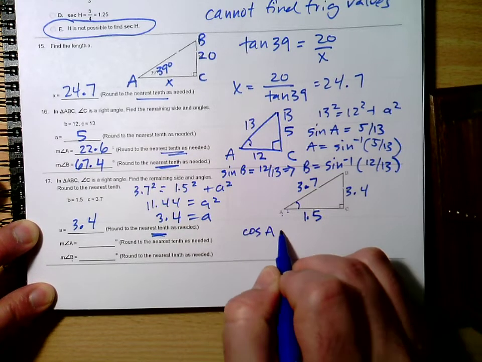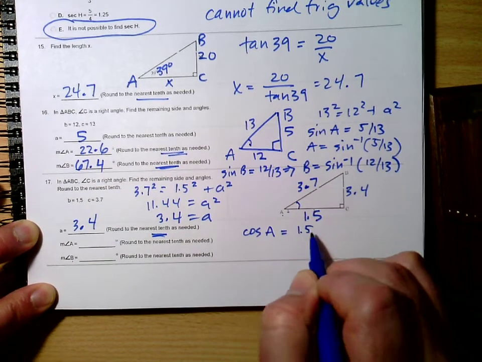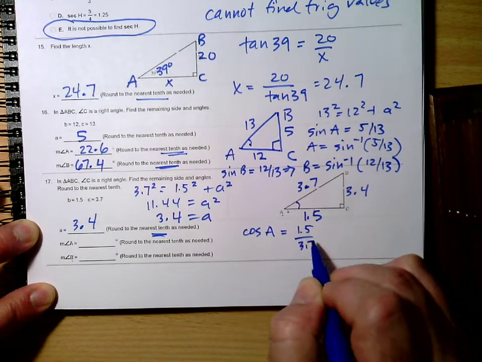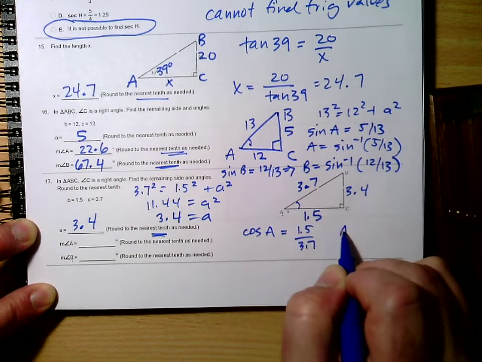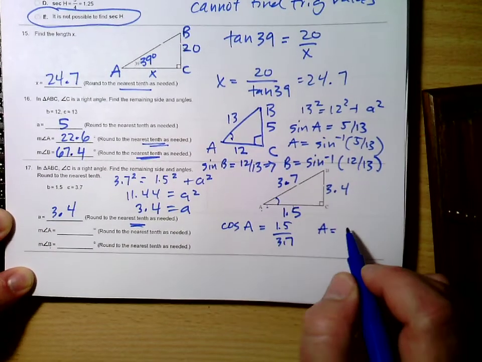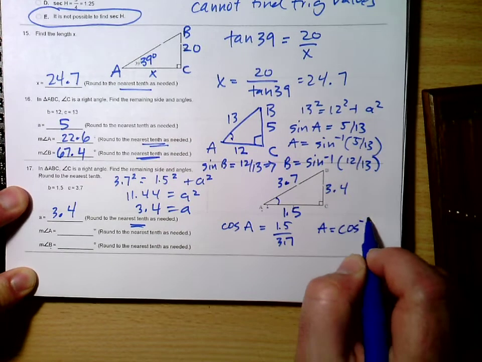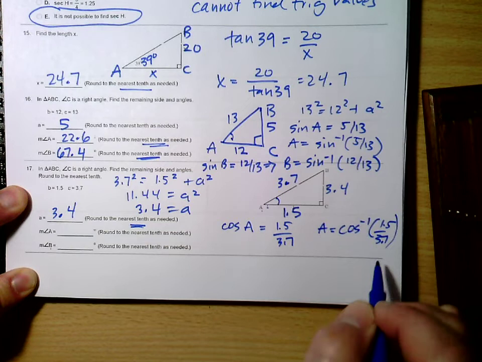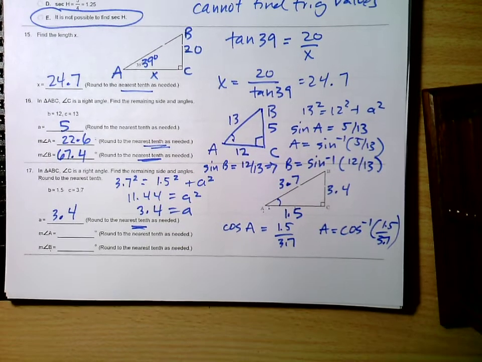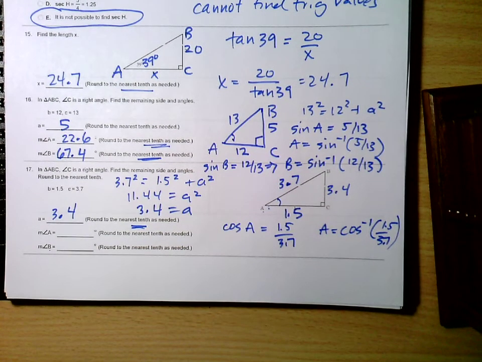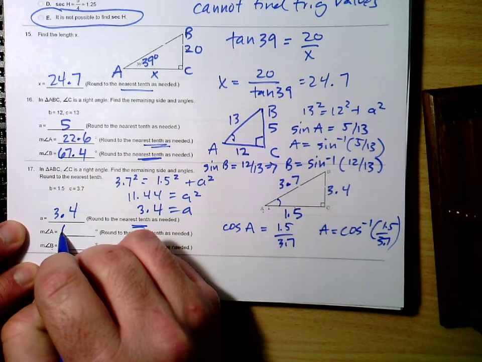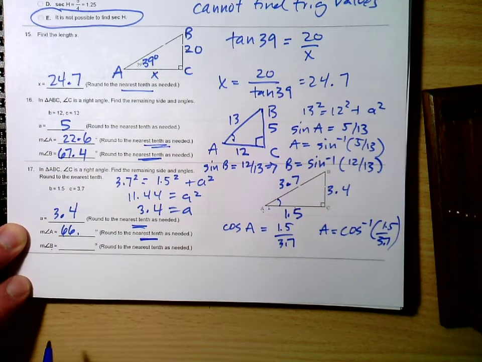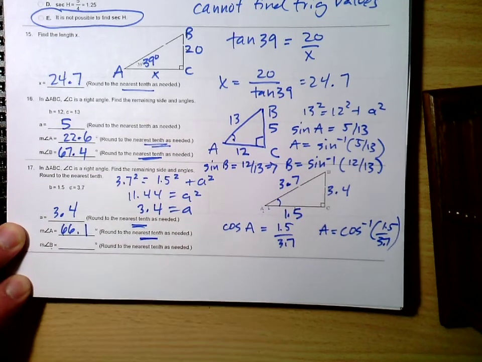So cosine of A equals the adjacent side, 1.5 over 3.7. And so A is cosine inverse of 1.5 over 3.7. Sorry, a little messy there. So cosine inverse of 1.5 divided by 3.7 is 66.1, rounding to the nearest tenth.